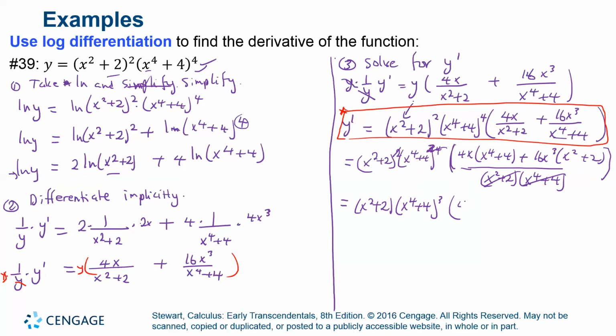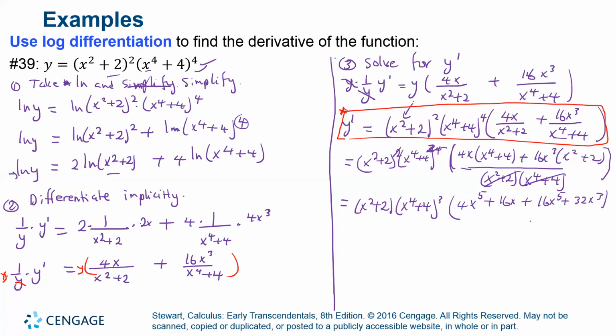This will be 4x to the 5th plus 16x, then plus 16x to the 5th plus 32x cubed.